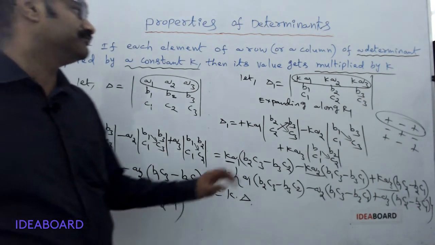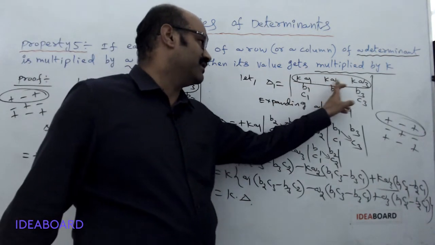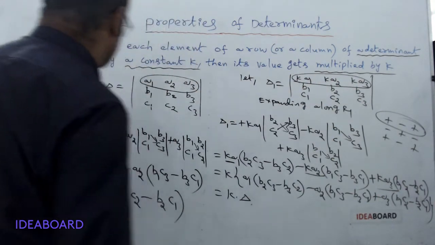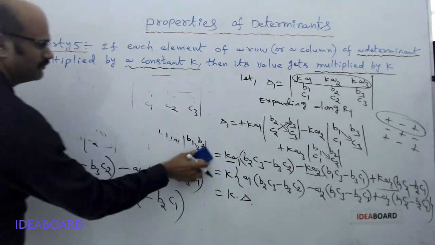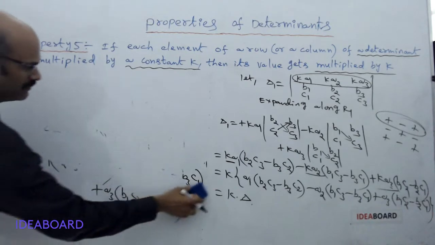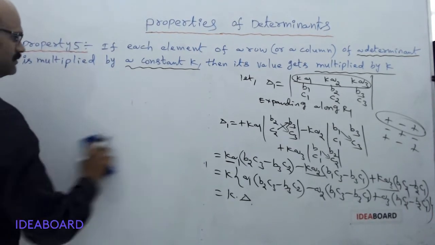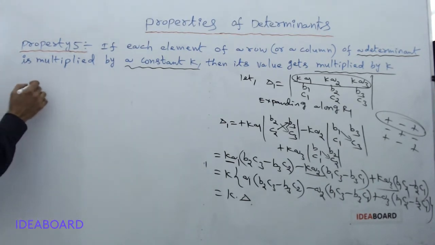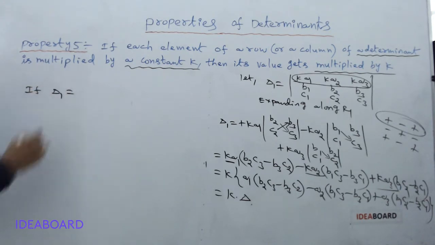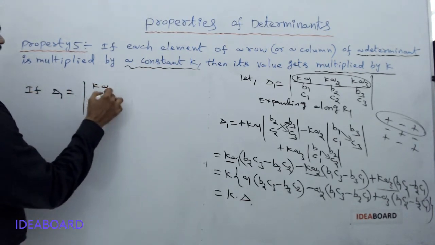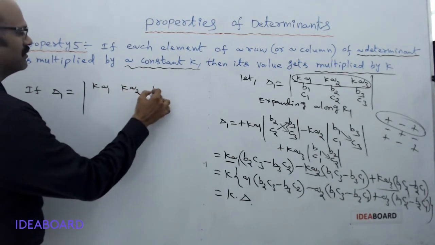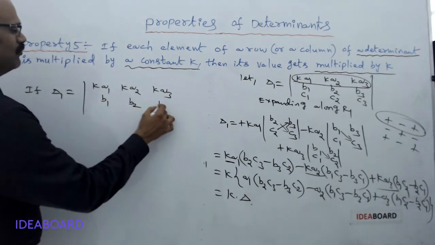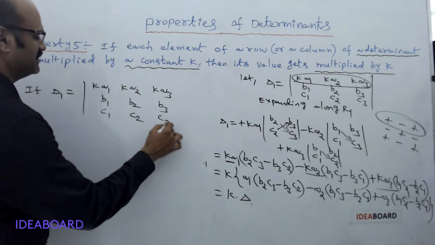So whenever you have, if each and every element of any row is multiplied by k, that k can be taken outside of a determinant. Now, for example, if delta 1 equal to determinant of ka1, ka2, ka3, b1, b2, b3, c1, c2, c3.